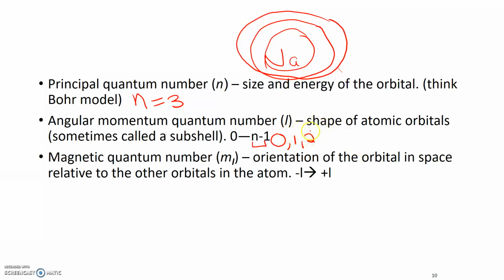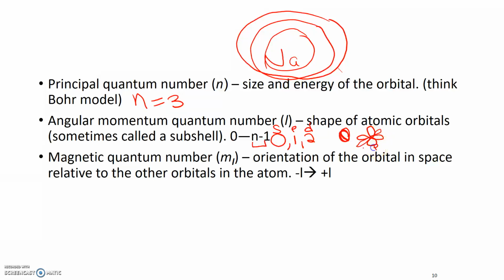And these numbers correspond to my S, P, and D orbitals that I looked at the shapes of before. For example, the S being the circle ones, the sphere, the P being those little dumbbell ones that can exist on the x-axis, the y-axis, or the z-axis.